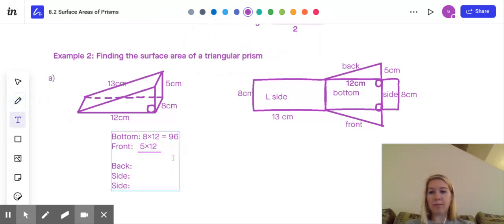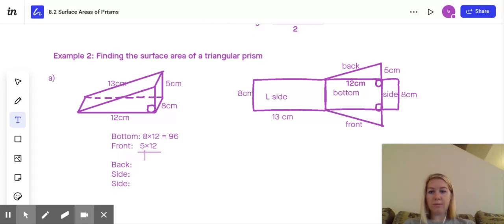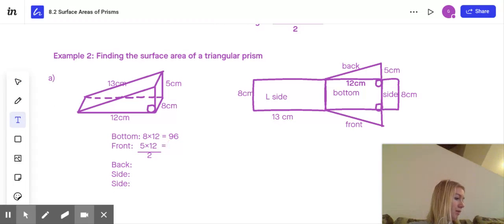Okay, so I know that 5 times 12, let me just double check my math. 5 times 12, I know that's 60, and then divided by 2 is 30.